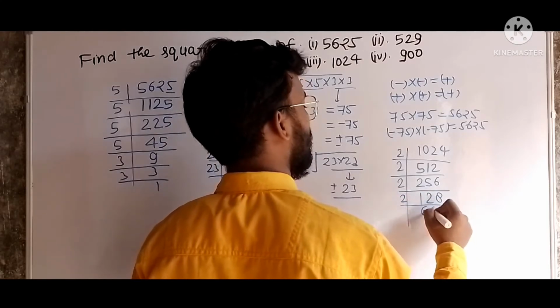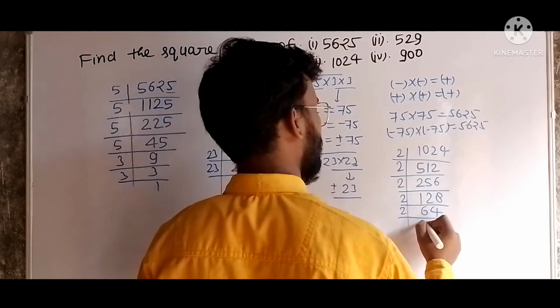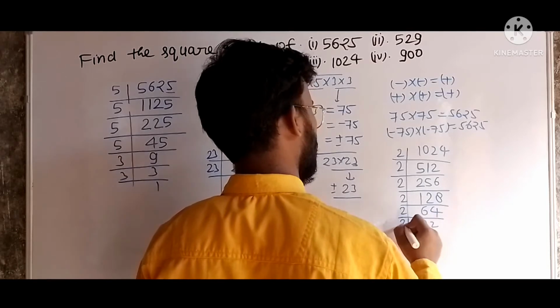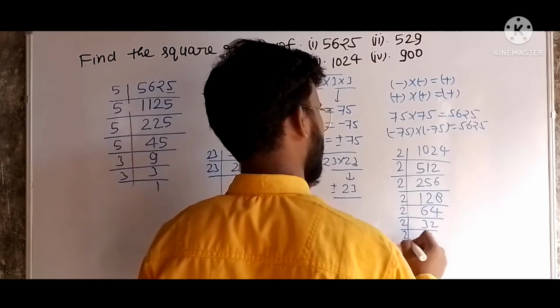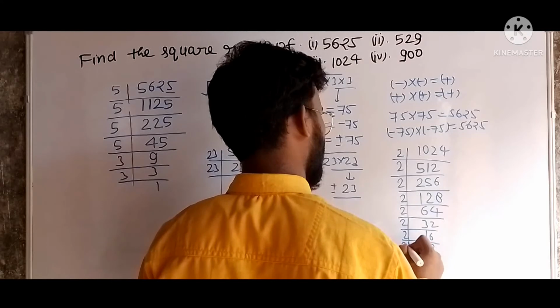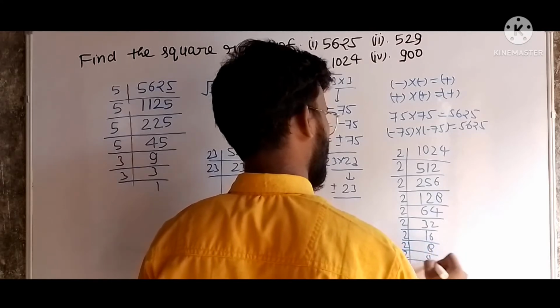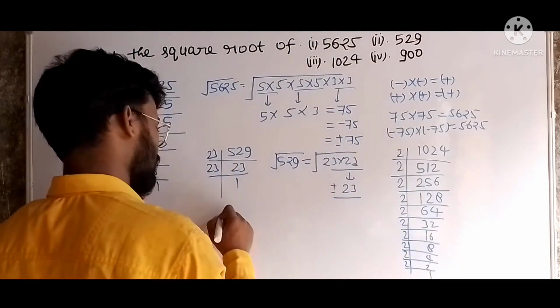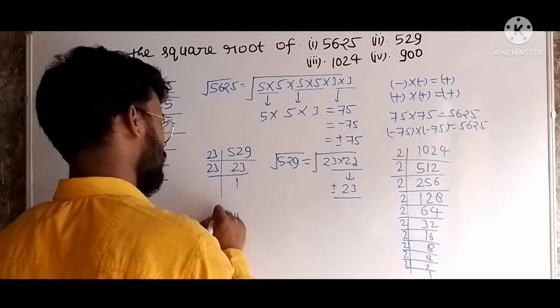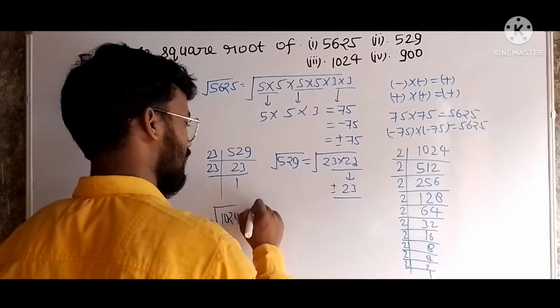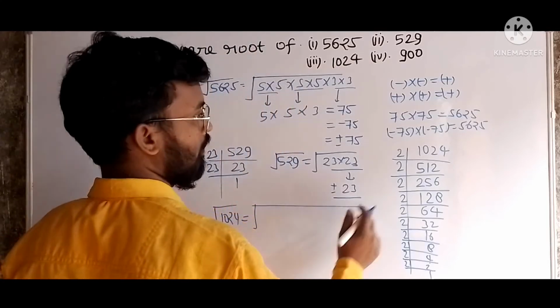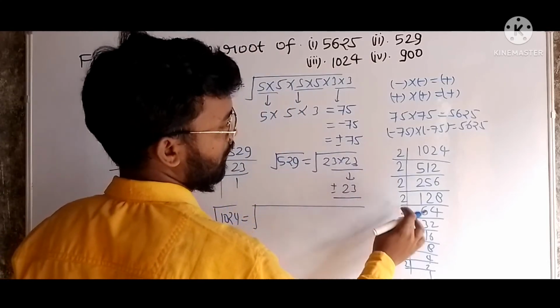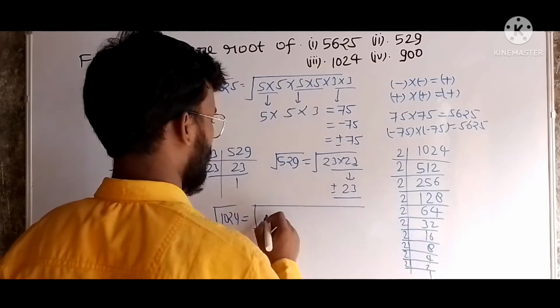From here you get 64, then again by 2, 32, and so on. We proceed till the point we get 1. Now the square root of 1024 is expressed like this. How many 2s? 2, 4, 8, 10, 12. Twelve 2s.